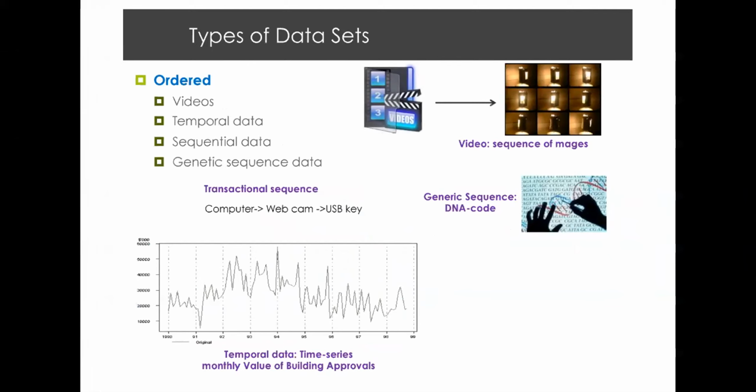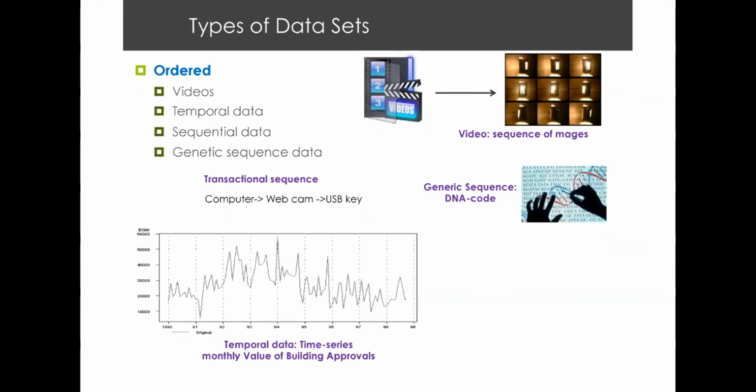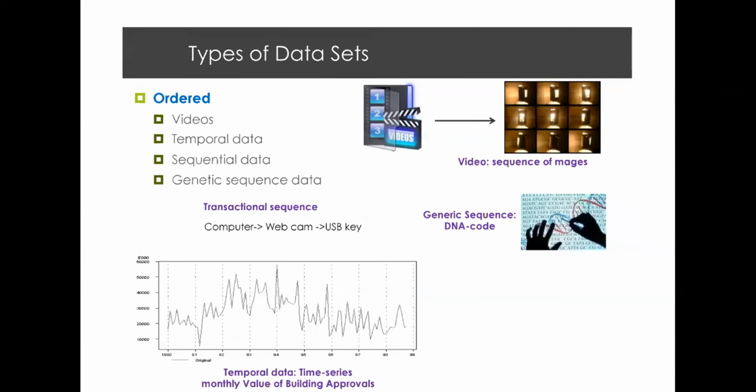All that you represent as ordered data. For example, a sequence of images you represent as videos, and the sequence of a DNA structure you represent as genetic sequence data.